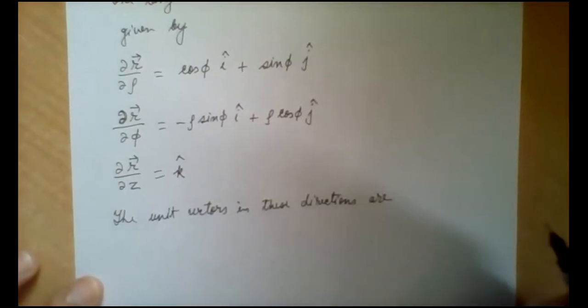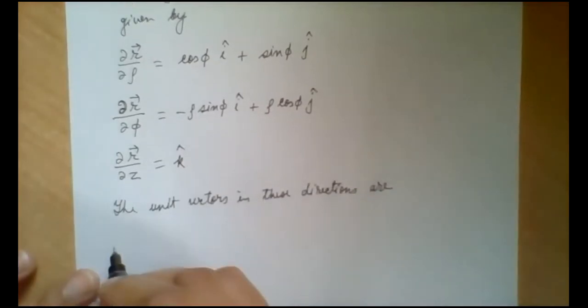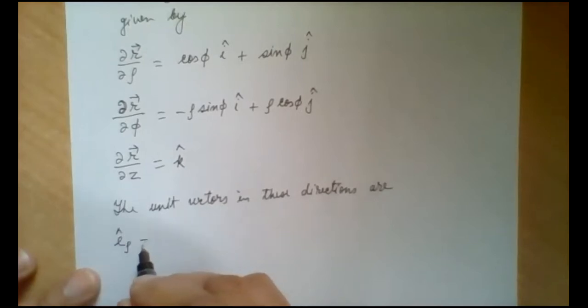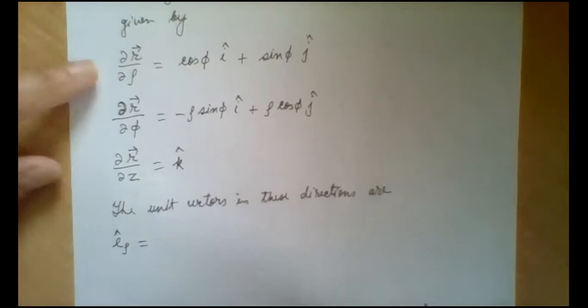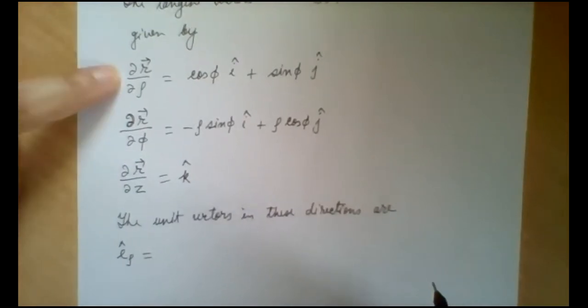Number one, E1, which is E rho. What is E rho? E rho is nothing but the tangent to the rho curve divided by its magnitude.